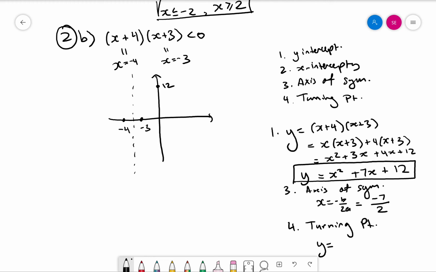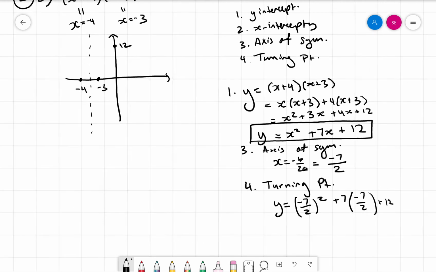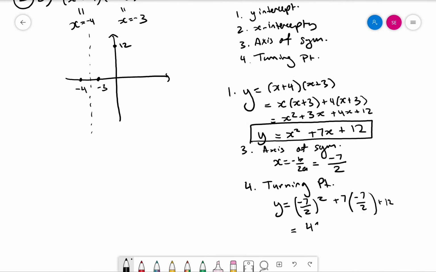So you get y is equal to minus 7 on 2 squared plus 7 times minus 7 on 2 plus 12. Alright, my computer's frozen. So that'll give us 49 on 4 minus 49 on 2 plus 12.